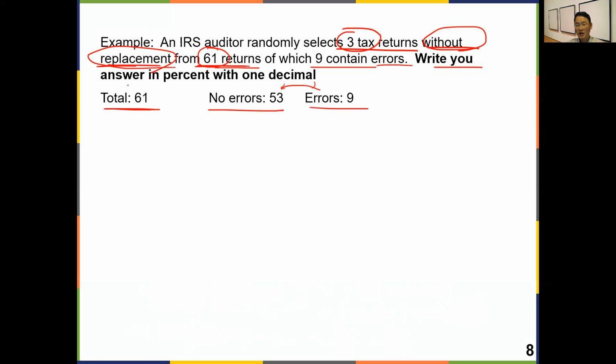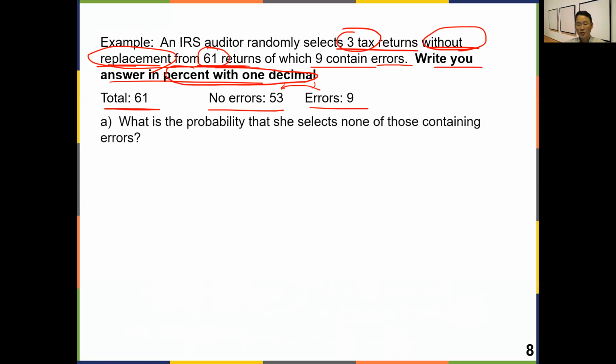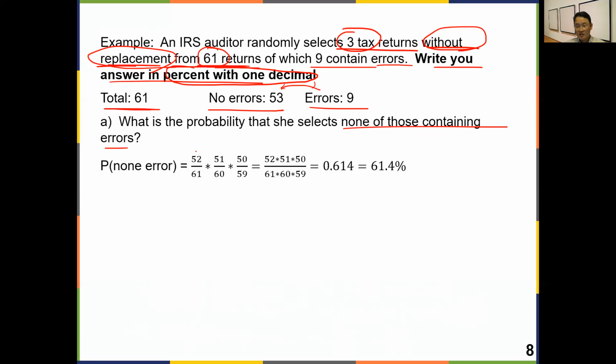And we want to write our answer as a percent with 1 decimal. So what's the probability that none of those 3 contain an error? So that means the first one is going to be no error.